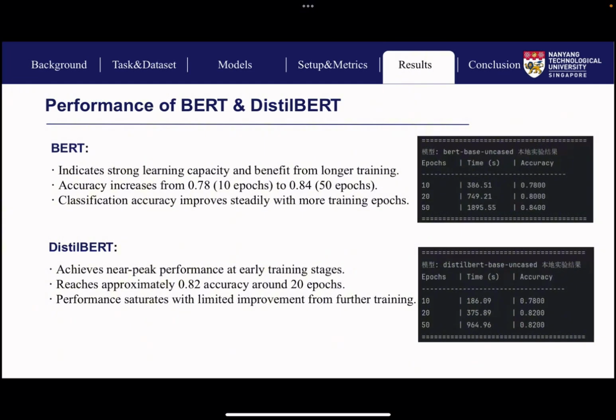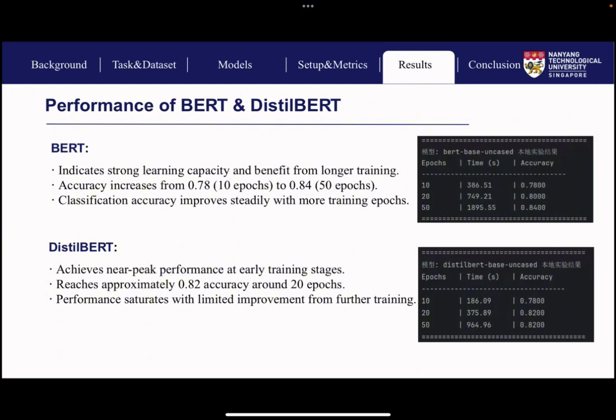It is still improving. Now, look at the DistilBERT in the bottom table. The behavior is quite different. It starts strong, hits 0.78 at epoch 10, the same starting point as BERT. By epoch 20, it reached 0.83 accuracy, but notice that at epoch 50 it stays at 0.82.